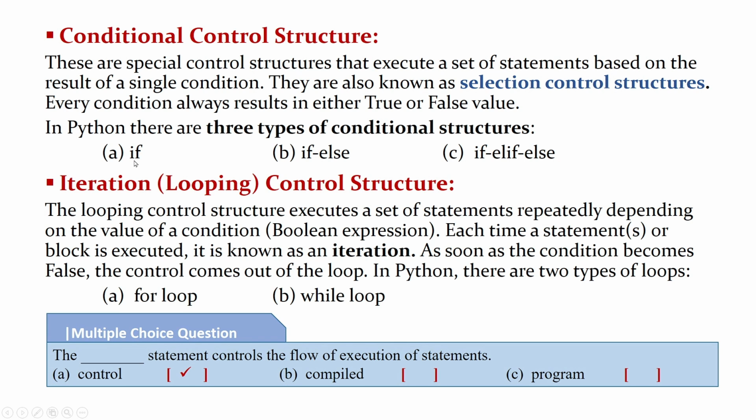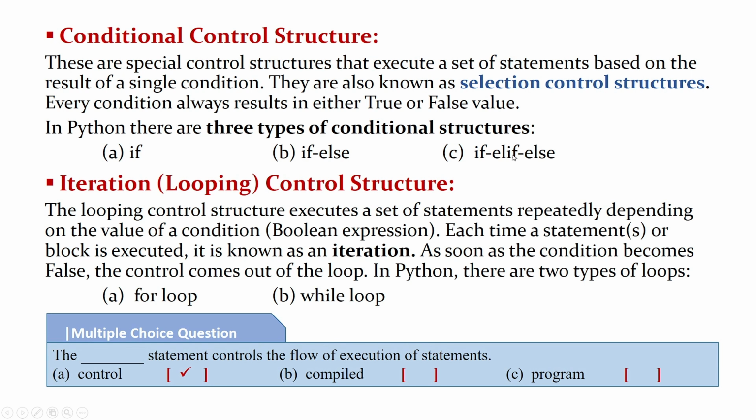In if, we have only one condition based on which it gives the output. In if-else, we have a single condition, but if it is true, then something will be acted upon, else something else will be done.